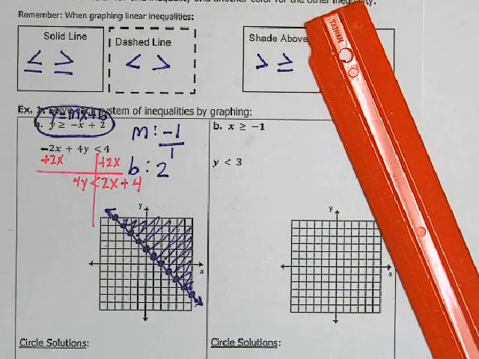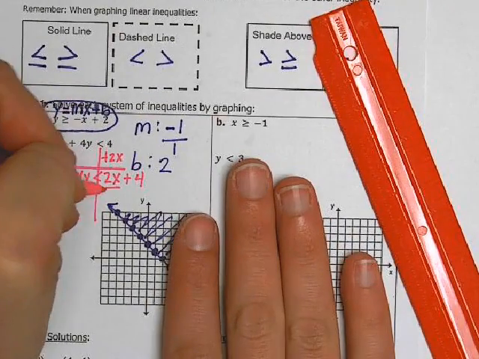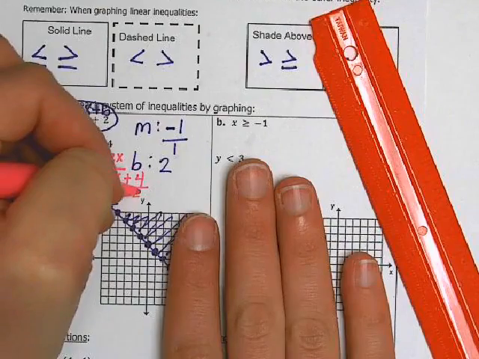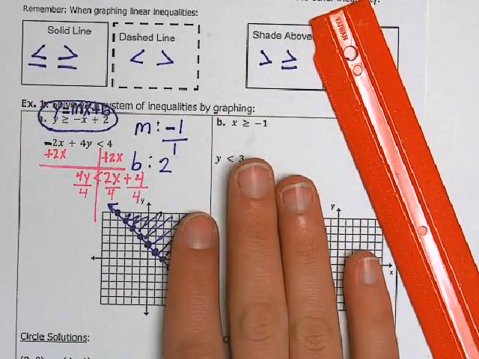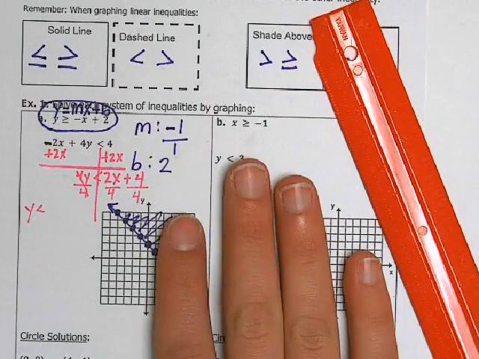Now what? Divide by 4. Divide by 4, good. Do everything. Okay, so those cancel, I'm left with y is less than.